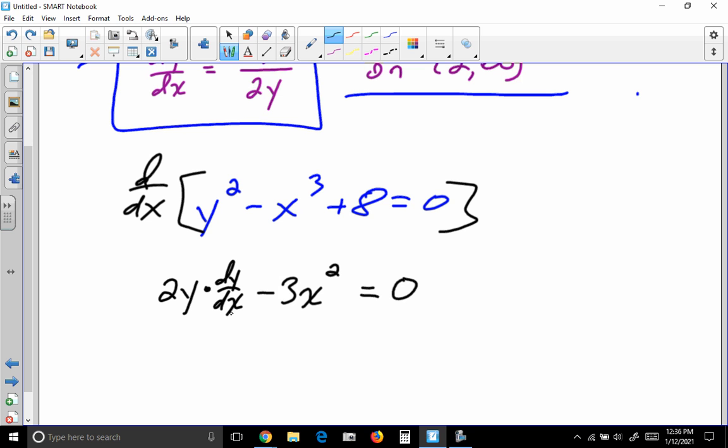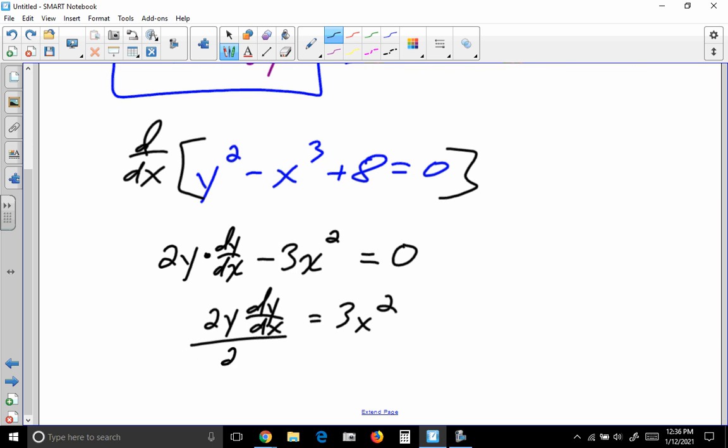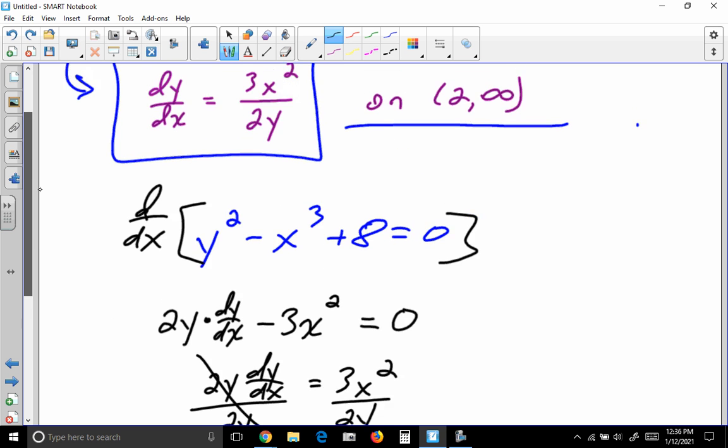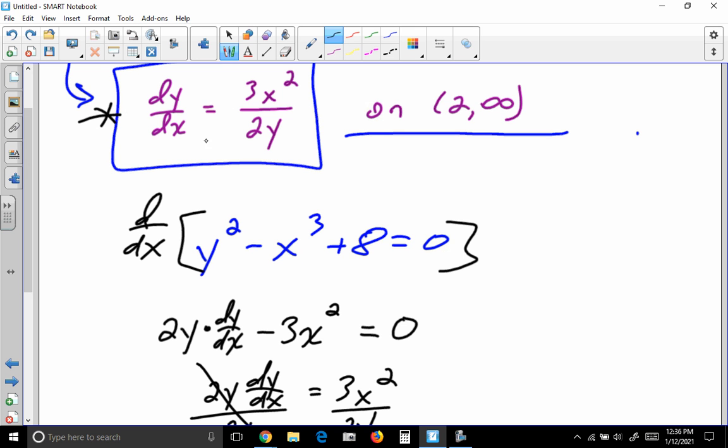Let's solve this for dy dx. So move the 3x squared over. Divide both sides by 2y. So dy over dx is 3x squared over 2y. And that's the differential equation that we ended up with, or that we started with, I'm sorry.